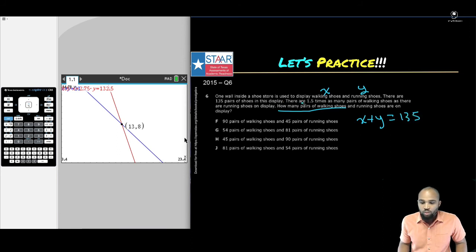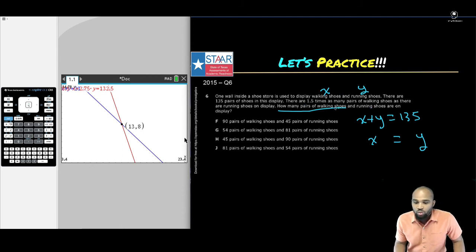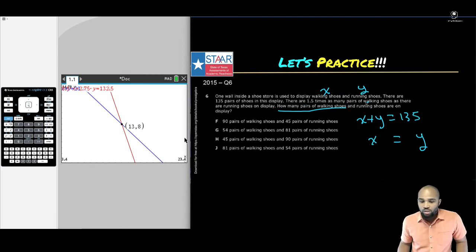There are 1.5 times as many walking shoes. So let's say between walking shoes and running shoes, there's 1.5 times as many pairs of walking shoes as there are running shoes. So there's more walking shoes. So I need to put a 1.5 on the running shoes. I know it sounds counterintuitive because you're like, no, 1.5 goes on the big one.